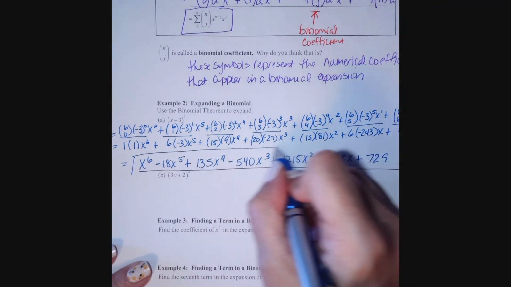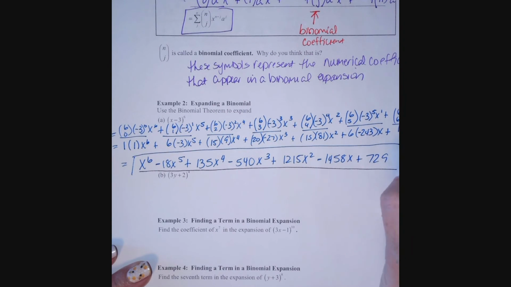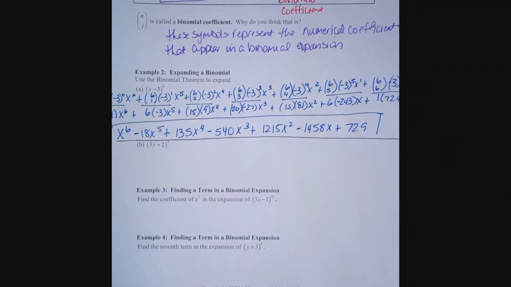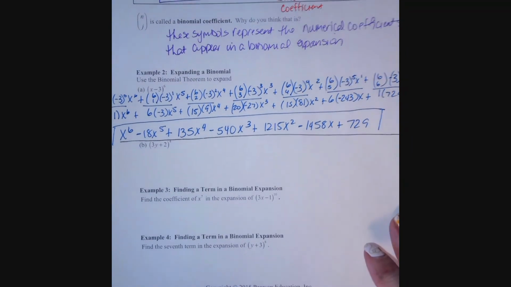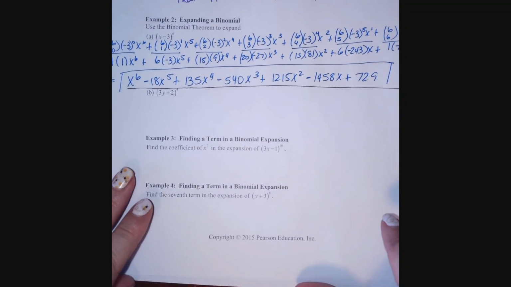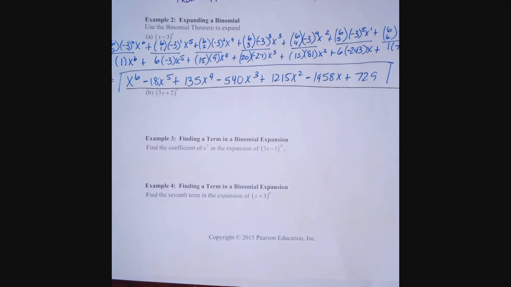So that is x minus 3 expanded to the sixth power. Alright, see, not complex, it's just fiddly. You have to be careful with your coefficients.